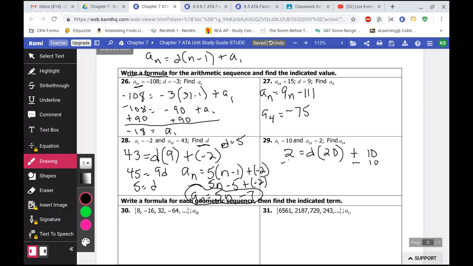Okay. Subtract 10 from both sides. And that gives us a negative 8. Beautiful fraction that we have. Yay. Or a decimal if you prefer decimals. Negative 8 divided by 20 is negative 0.4.